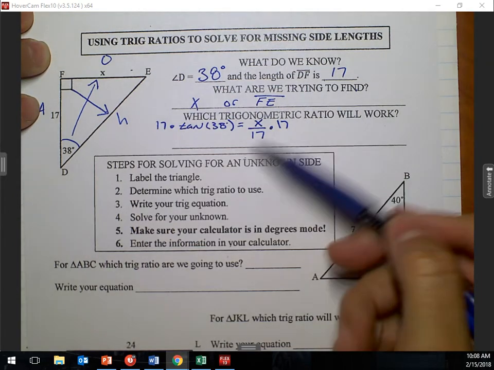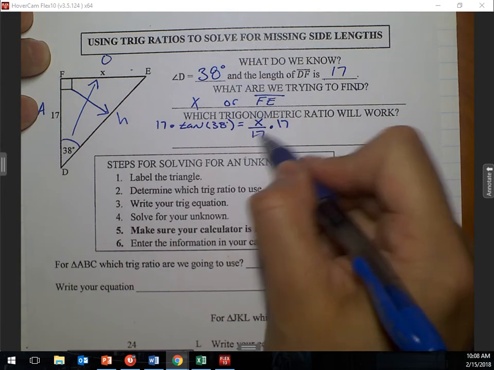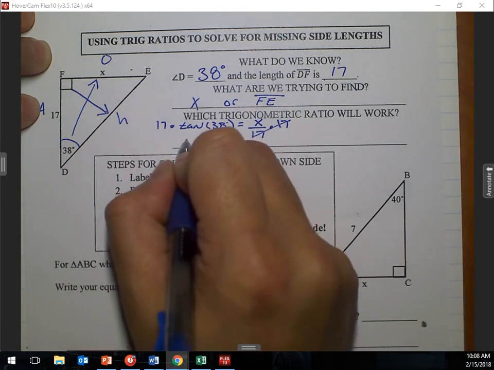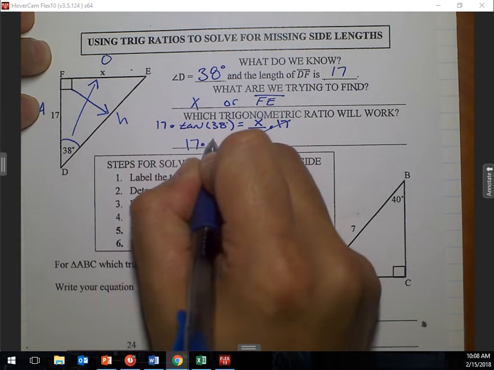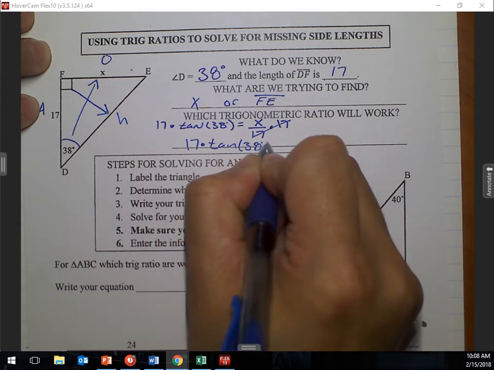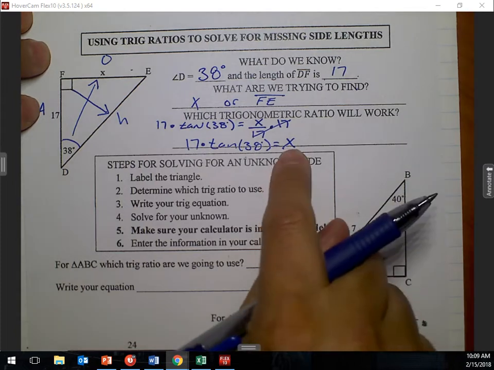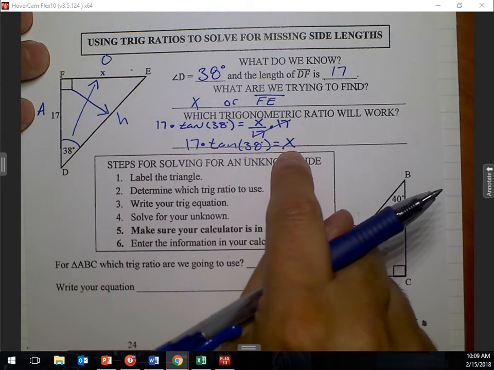So over here on the right hand side, what's going to happen to my 17? It cancels. So now I'm going to have 17 times tangent of 38 degrees is equal to X.